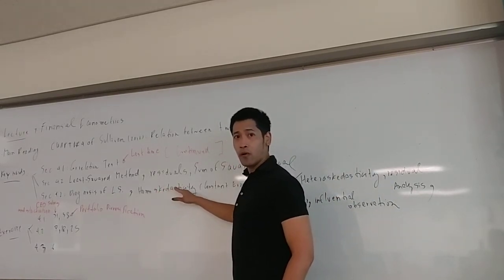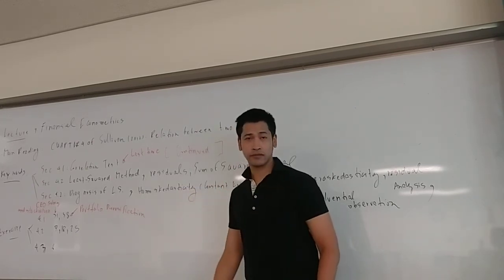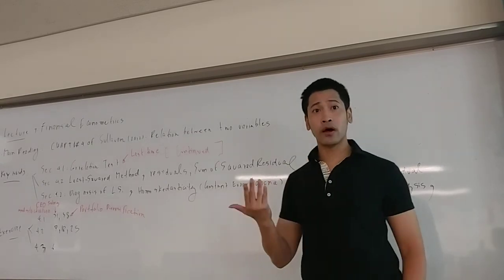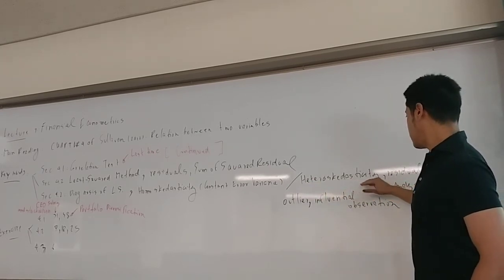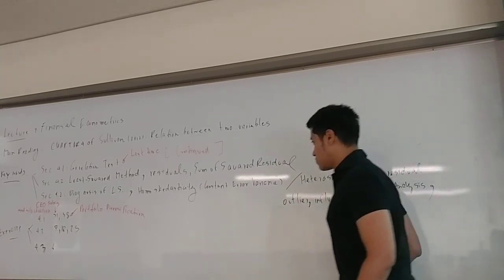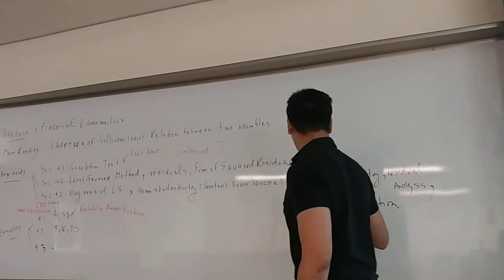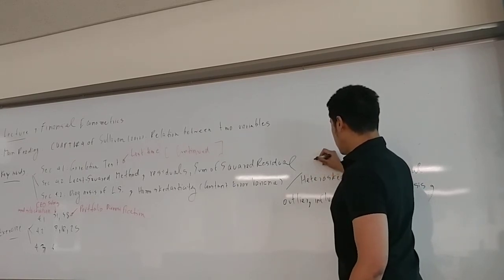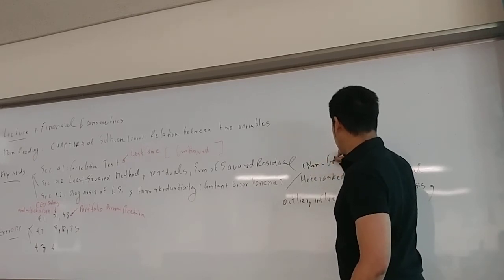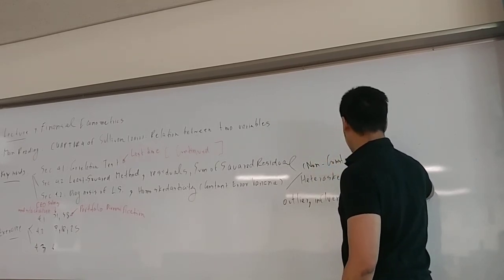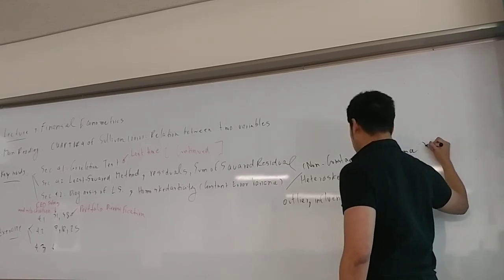So homoskedasticity means constant error variance. Soon I'll come back to explain what it is. And of course, heteroskedasticity means non-constant error variance.